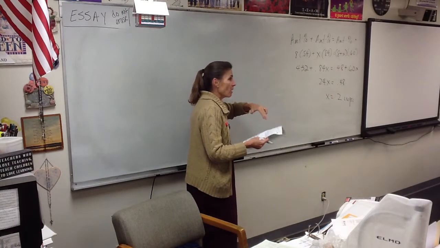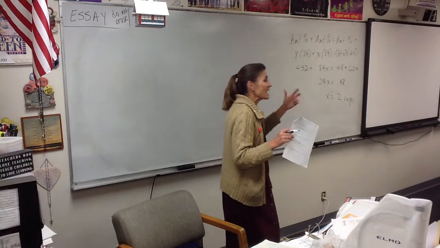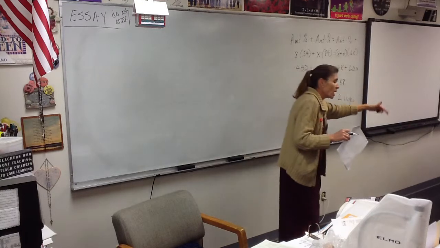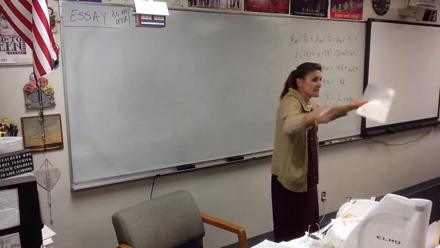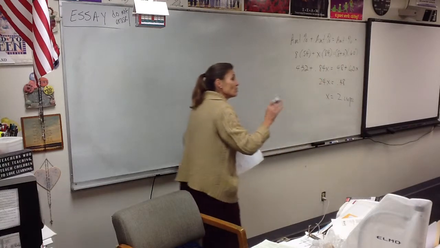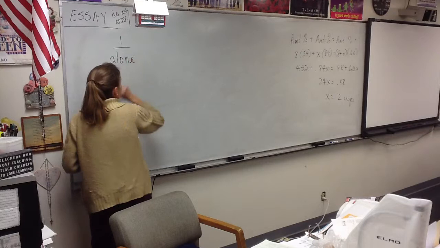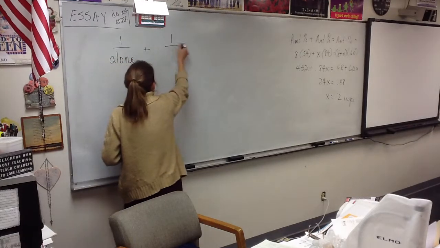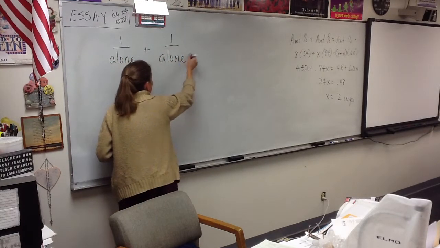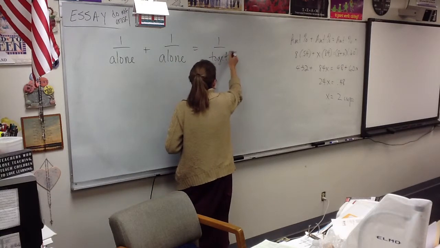In one of these problems, which we call work problems, because what's happening is someone's doing a job and somebody else is doing a job, and together then they do the job. These are called work problems, and the general formula is 1 over the first person's time alone plus 1 over the second person's time alone will give you 1 over their time together.